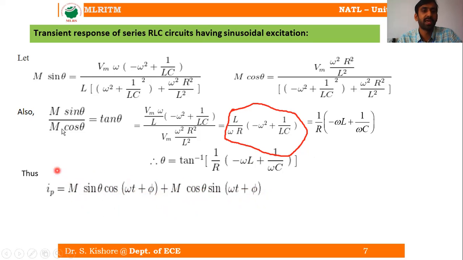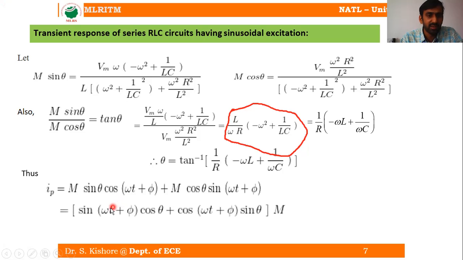Here we came across the m sin theta value and m cos theta value. To convert into our regular trigonometrical function, I am just modifying this equation as sin(omega t plus phi) into cos theta, taking m as common, plus cos(omega t plus phi) into sin theta, into m.